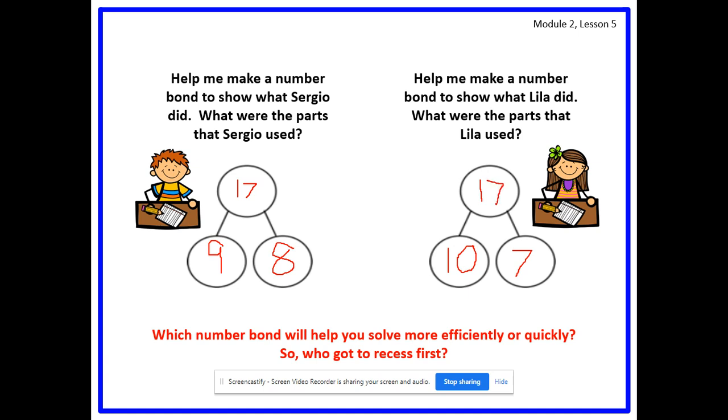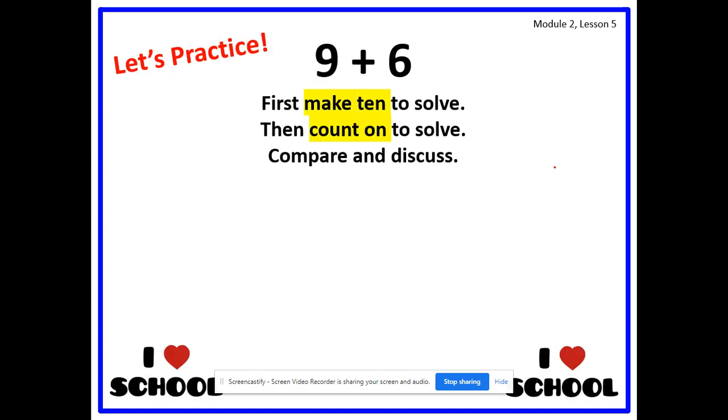Which number bond will help you solve more efficiently or quickly? Which one's easier to solve? Get ready. Yes, Lila's. So, who do you think got to recess first? Yes, it was Lila.